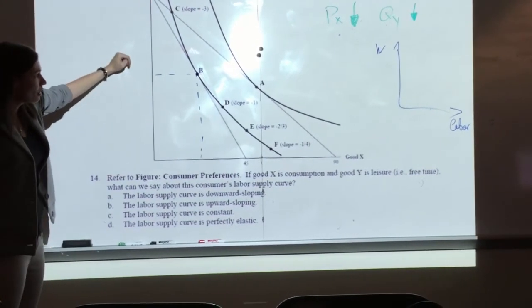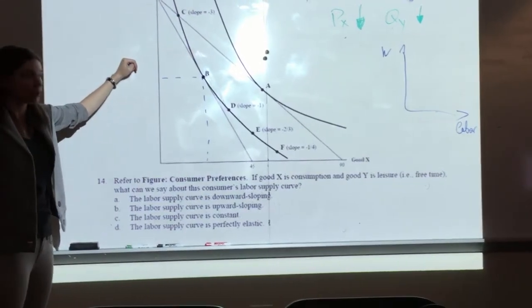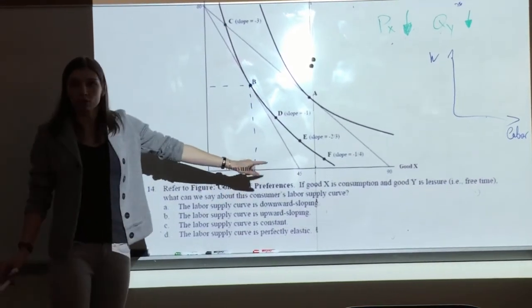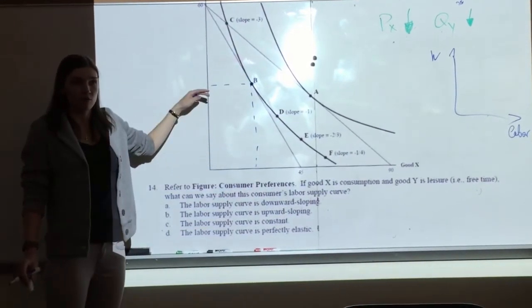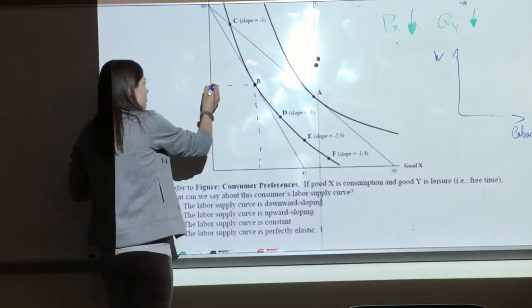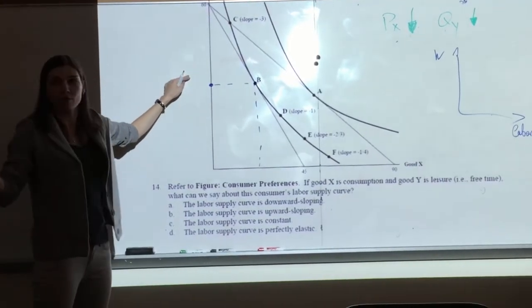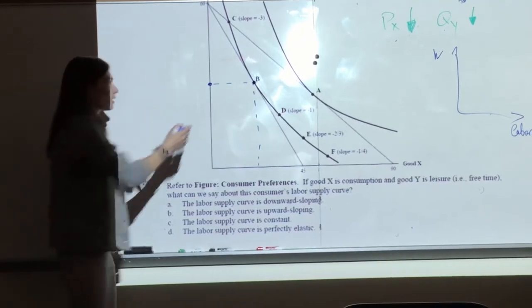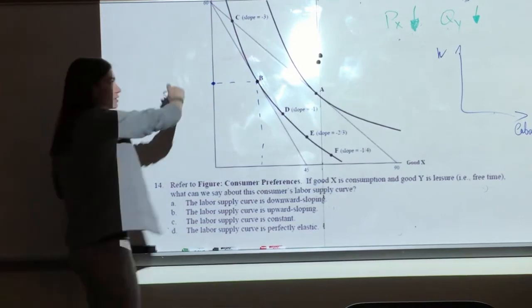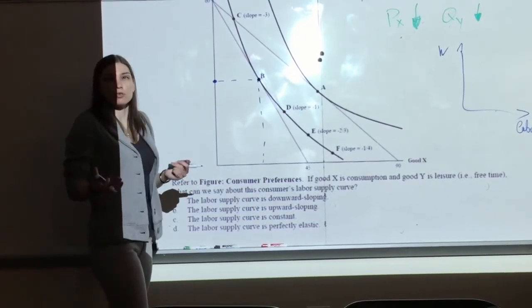So if wages go up, you are paid more for the amount of time that you work, so at any point you would be able to get more goods, this is consumption, for the same amount of time worked. So let's say here, this is how much time I spent. This is my free time, so this is also 1 minus the amount of time that I work. At this point, if wages go up, for the same amount of work that I'm putting in, since I'm getting more per hour, I can buy more stuff.